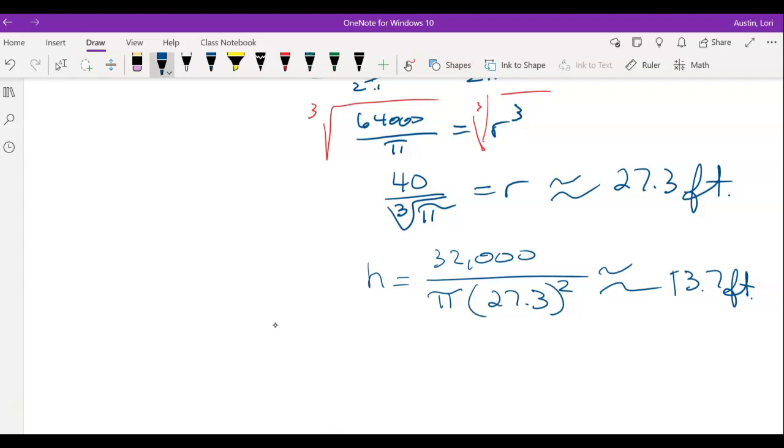So if it costs a lot more to clean the walls than the floor, you would expect a water tank that's kind of short and fat, right? Which means that the height is a lot less than the width. Because remember, radius is only half the width of your tank. So if you go ahead and double that, yeah, this tank is a lot wider than it is tall.